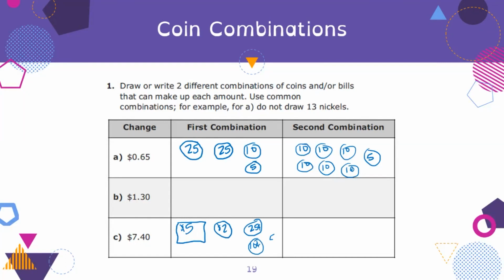So that's 35, and then 5 cents a nickel. And that's $7.40. Another way you could do this would be to have toonies. So 3 toonies is $6, and 1 loonie is $7. And then maybe you do 4 dimes for 40 cents.